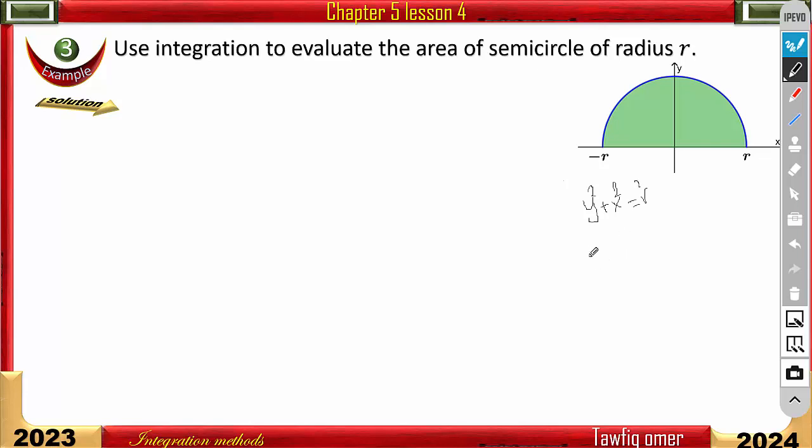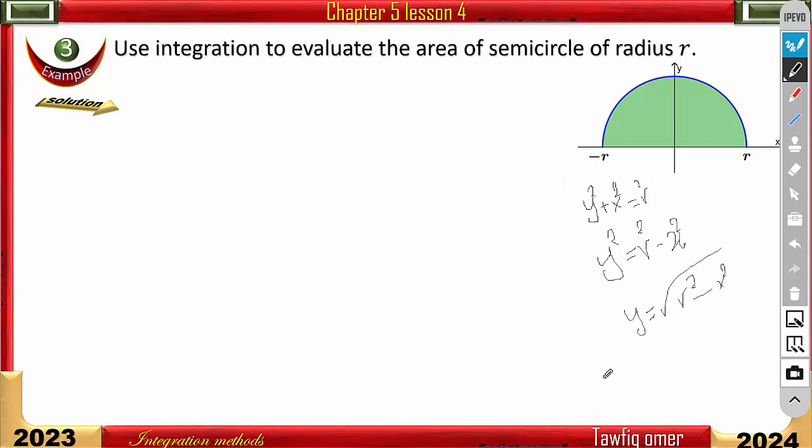And now we must find y, so y squared is equal to r squared minus x squared. And now by taking the square root of both sides, y is equal to the square root of r squared minus x squared.